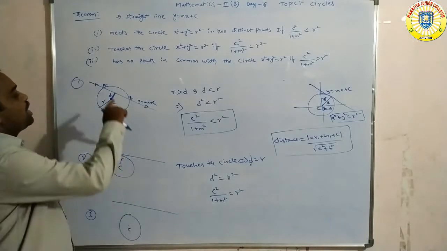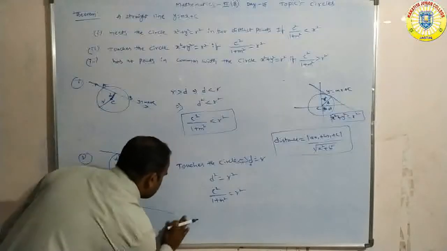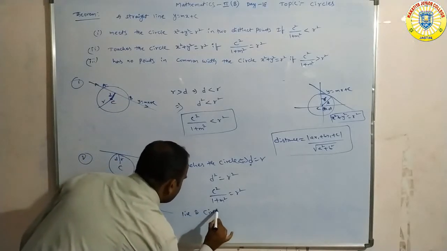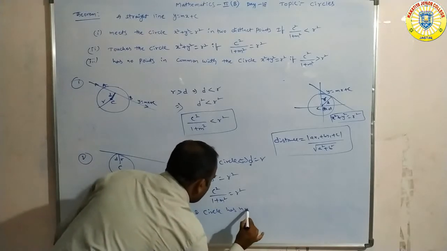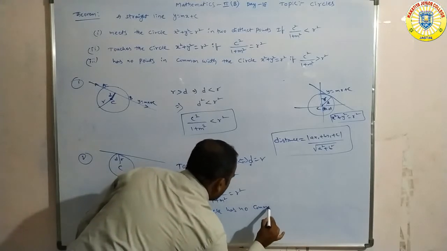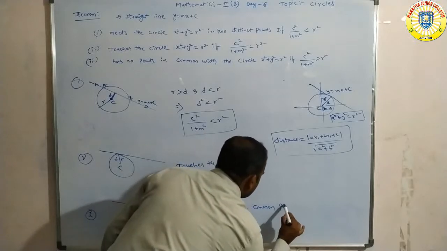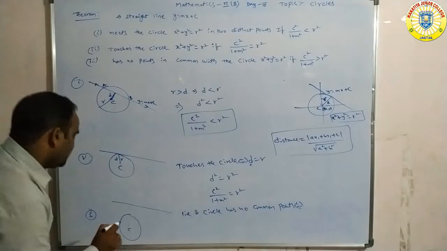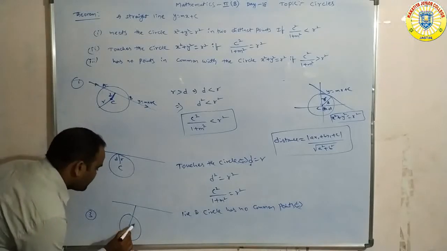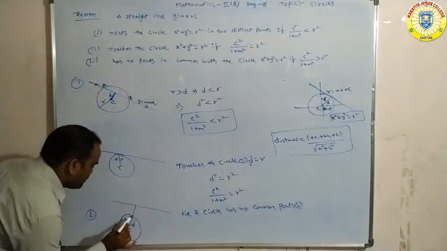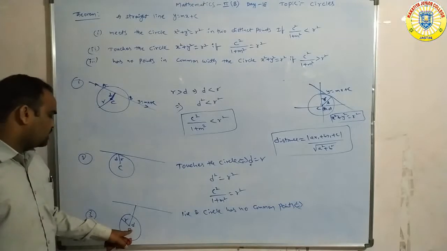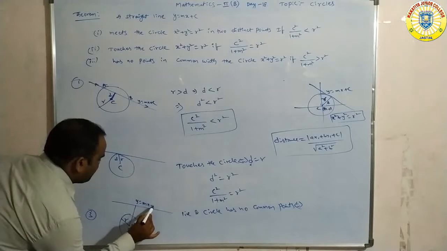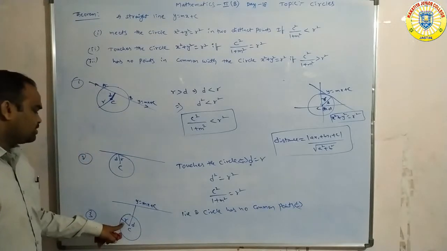In that case, this is the distance from the center to the line y = mx + c, and this is r.